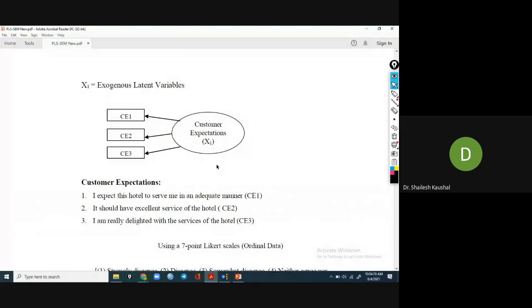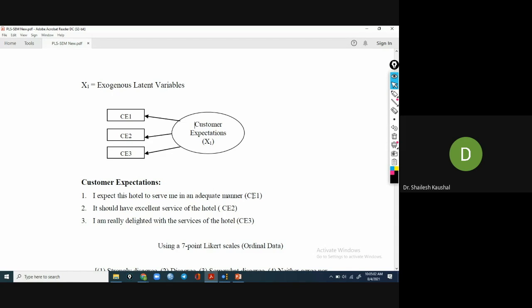Now, the example of an exogenous latent variable: the arrow from customer, this oval shape, to the rectangle, so it is a reflective measurement model. The arrow decides whether the measurement model is reflective or formative. In this example, customer expectation is one construct, and there are three indicators: ce1, ce2, ce3.